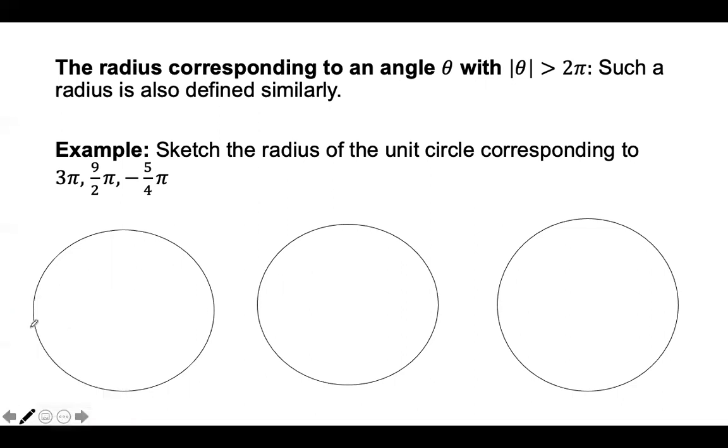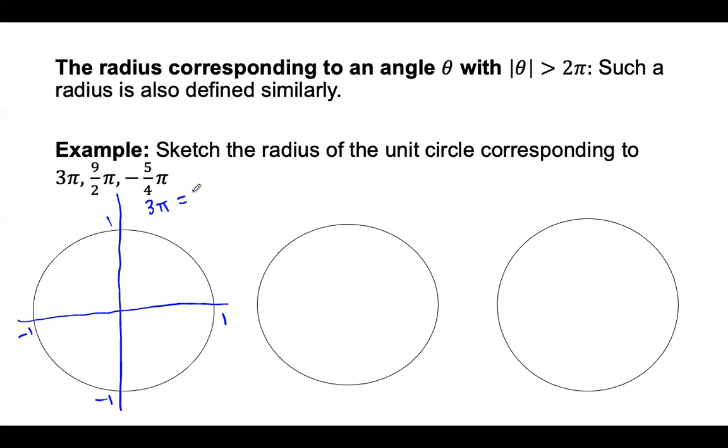Okay, so we can imagine this is the unit circle at 1, 1, -1, -1. And we're going to sketch the radius of this unit circle corresponding to this point. So 3 pi. So what is 3 pi?